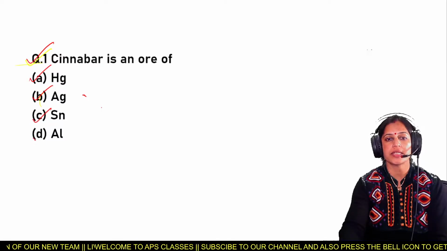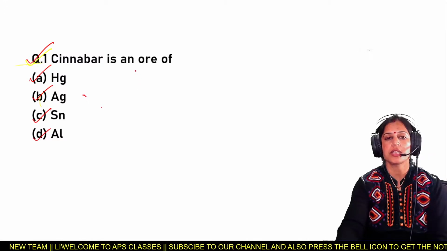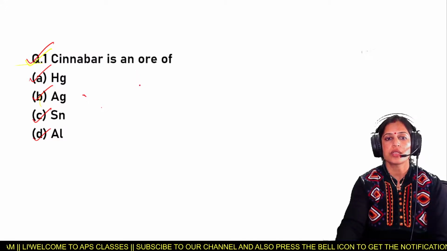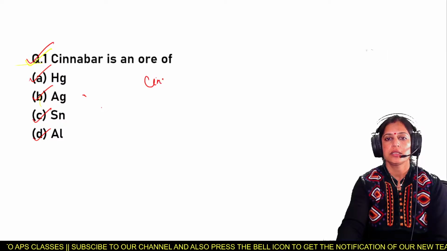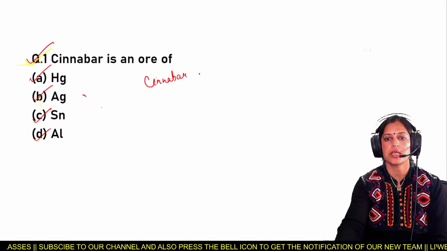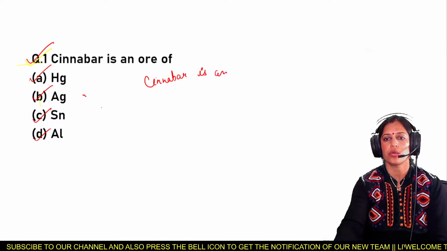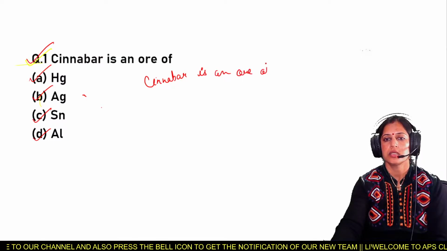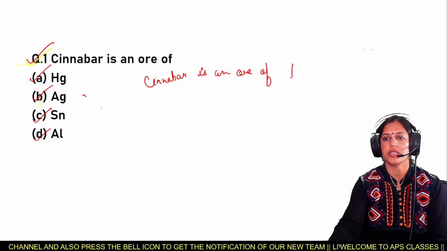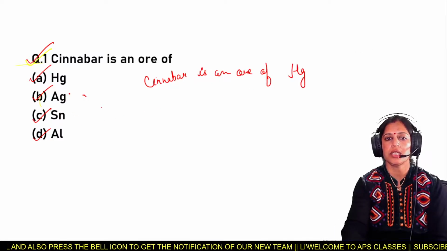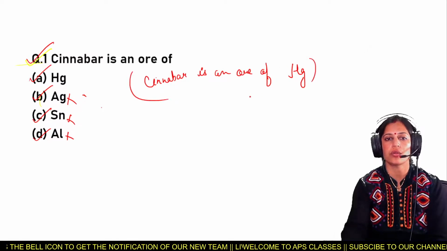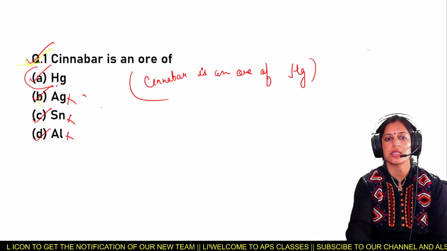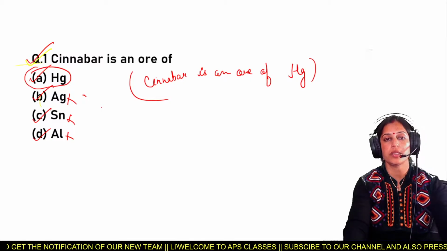Cinnabar is an ore of Hg, that is mercury, not Ag silver, not Sn and not aluminium. So this is the right answer for question number 1.